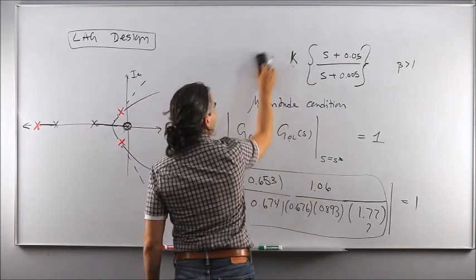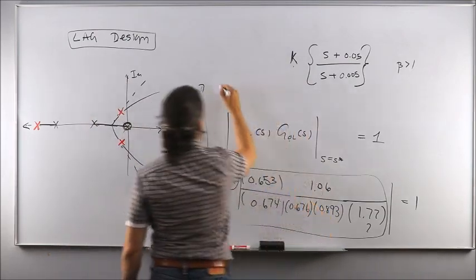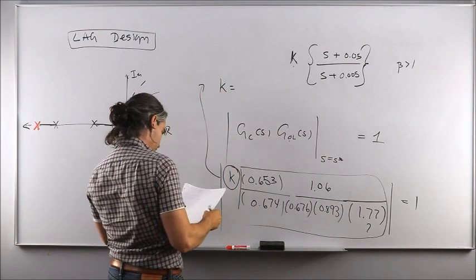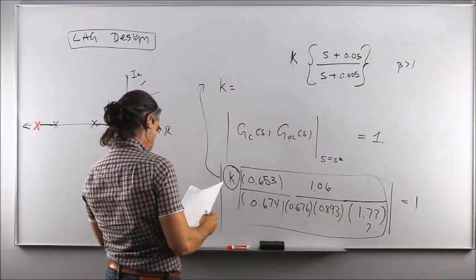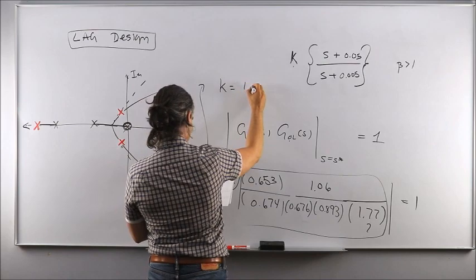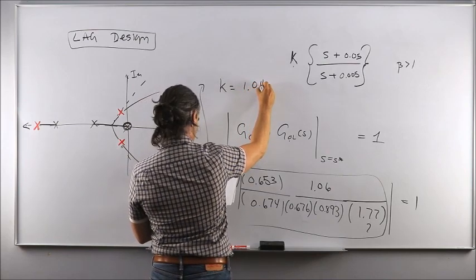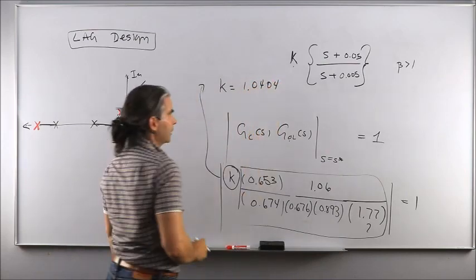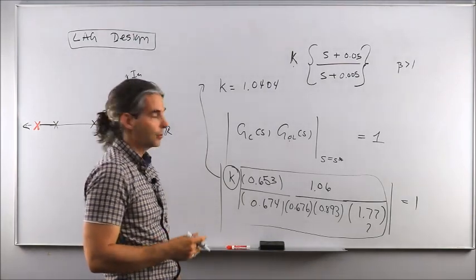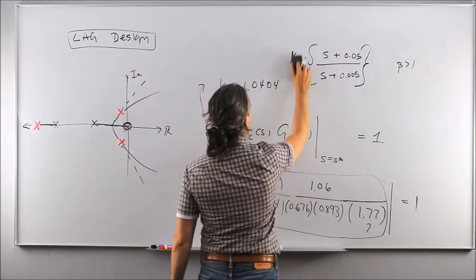where K should end up being equal to 1.0404. Surprise, surprise. K is almost equal to 1. That makes a lot of sense.